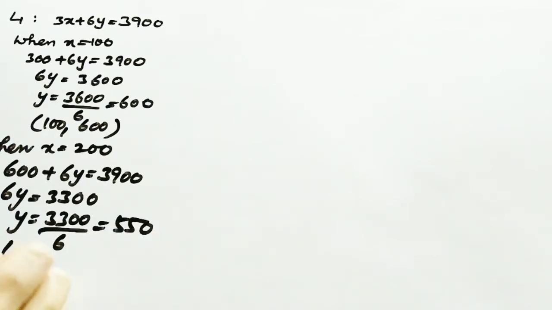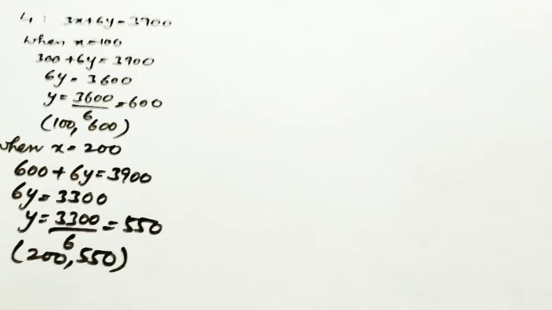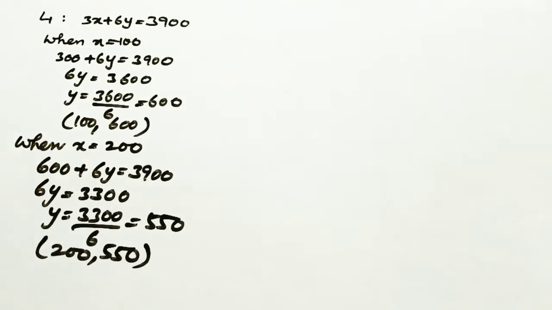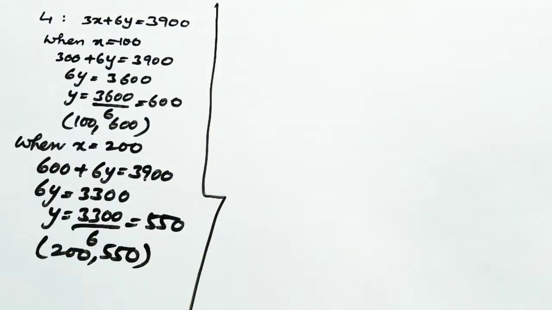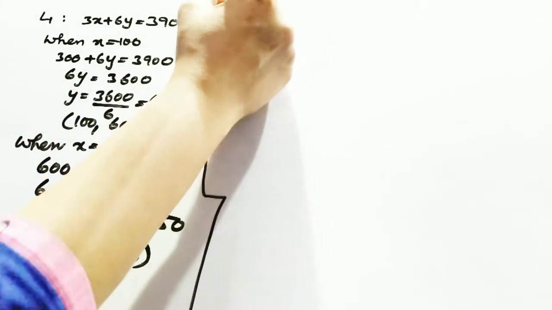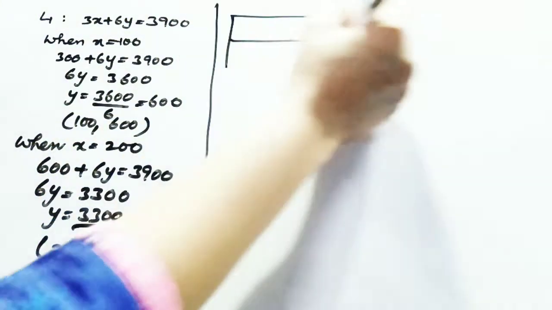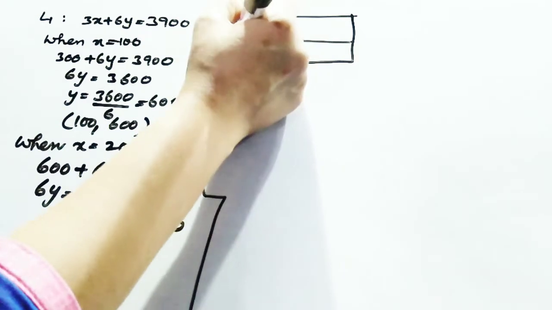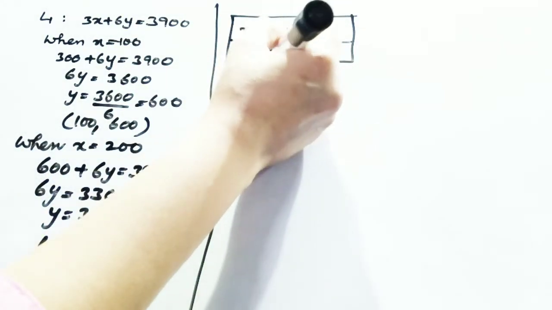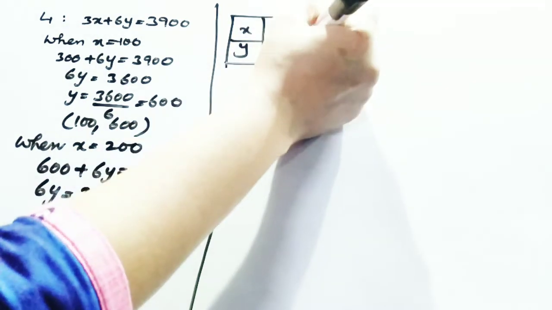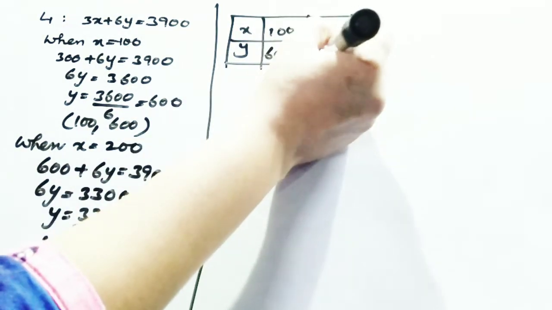So x is 200, then the value of y is 550. Let's draw a graphical table with x and y coordinates. x, y. When x is 100, y is 600. When x is 200, y is 550.